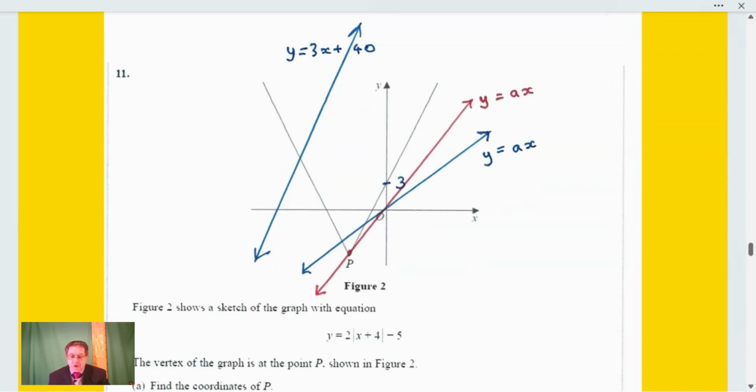But when a decreases to a certain point, it will go straight through P. If a gets even more negative than that value, then it will cut in two places.